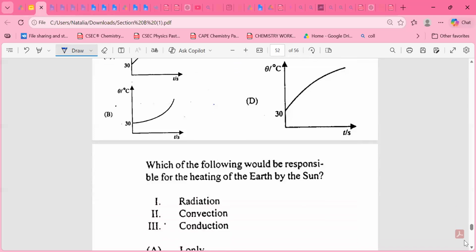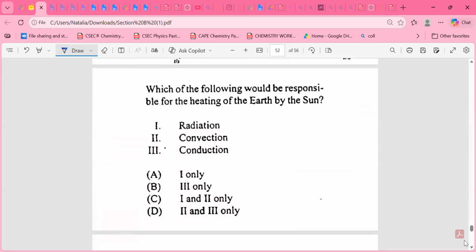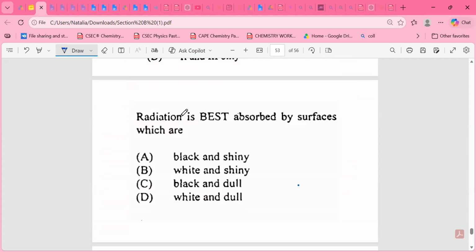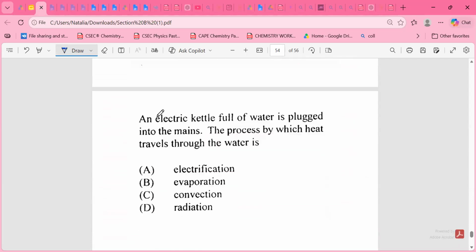Clear? What's the answer? Which of the following would be responsible for heating the earth by the sun? Radiation. Radiation is best absorbed by surfaces which are black and dull. An electric kettle full of water is plugged into the mains.